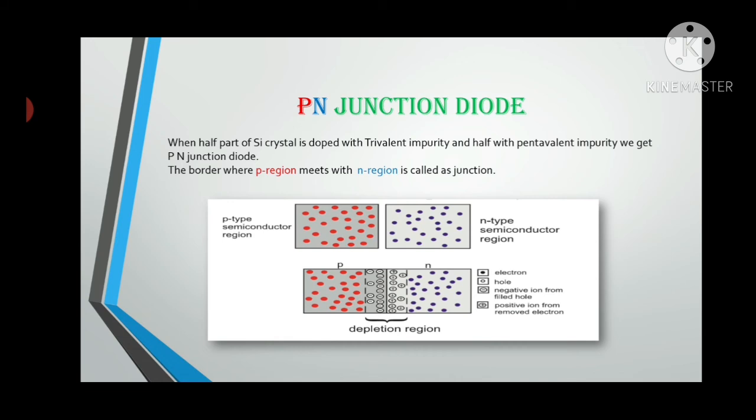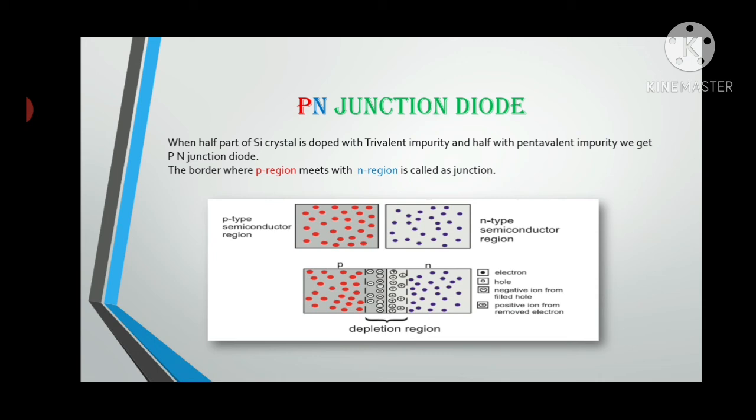Before getting to the half wave rectifier and full wave rectifier, we should know how the PN junction diode works, because we are going to need the PN junction diode in reverse bias and also in forward bias. So you should know what is meant by forward bias and reverse bias of this PN junction diode. So what is a PN junction diode?